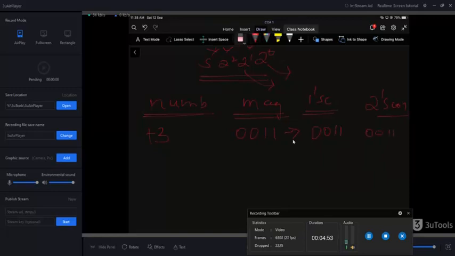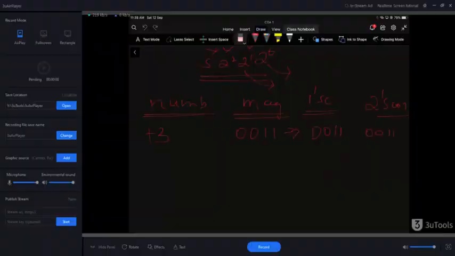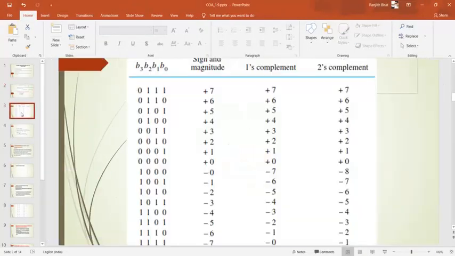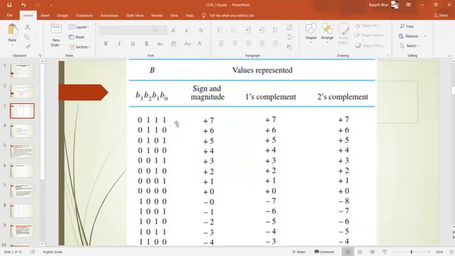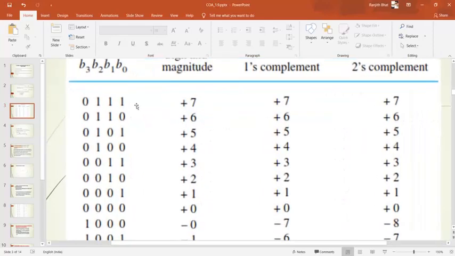So remember that for a positive number, 1's complement, magnitude and 2's complement are all the same. If I want to show you the slide where the representation is happening, this is what it looks like. So plus 7 can be represented as this.